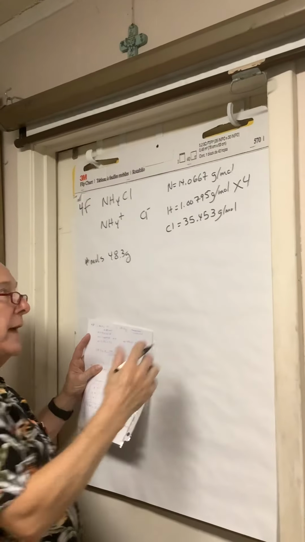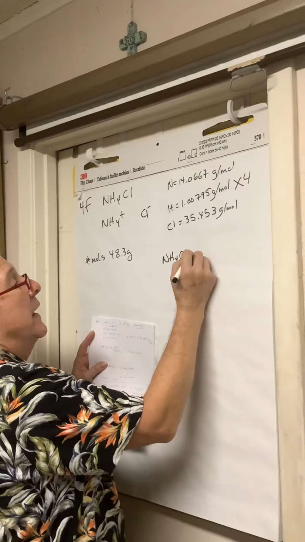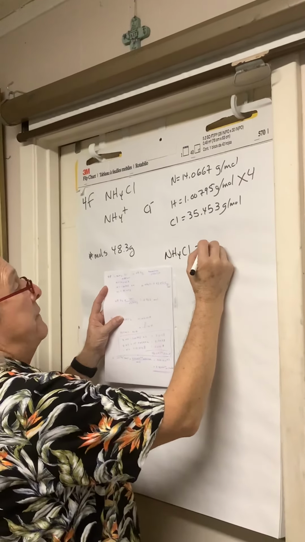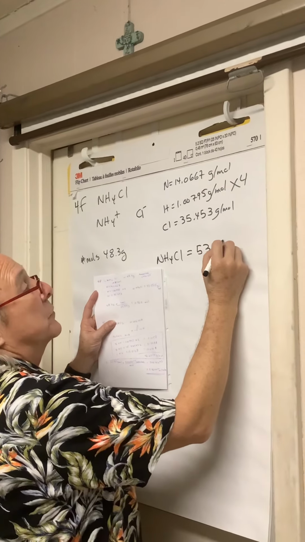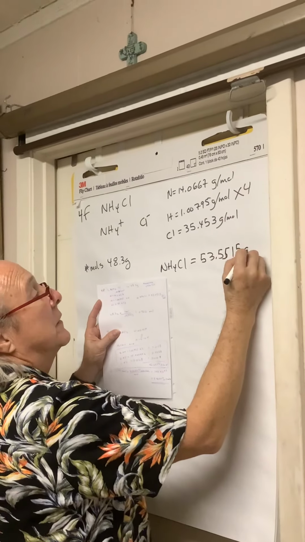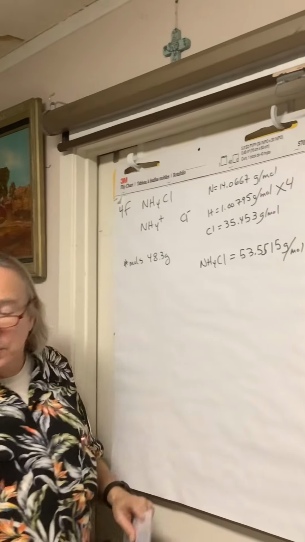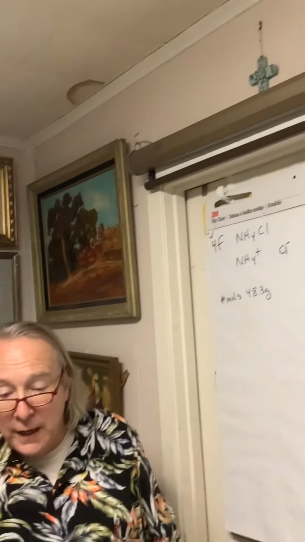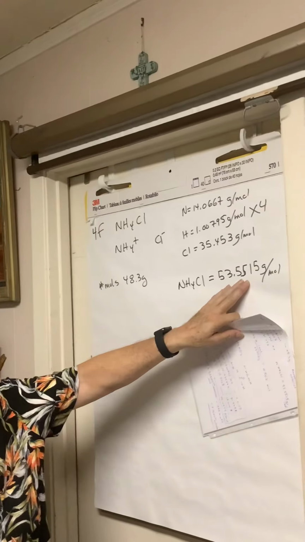But if you do the math and add it all up, you get that ammonium chloride has a molar mass of 53.5515 grams per mole. Now, when you go to the internet and look up this molar mass, it might be 0.56.